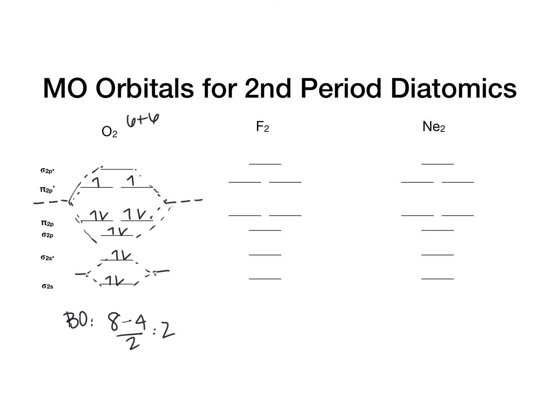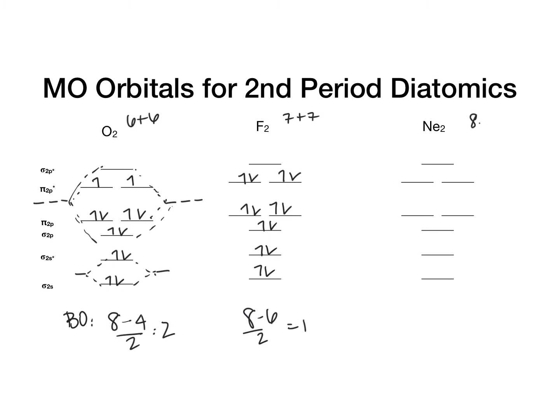So let's look at fluorine. We have 7 plus 7, so 1, 2, 3, 4, 5, 6, 7, 8, 9, 10, 11, 12, 13, 14. Our bonding in this case is 2, 4, 6, 8, minus 6, divided by 2, which gives us 1, consistent with what we believe based on the VSEPR and hybridization structures.